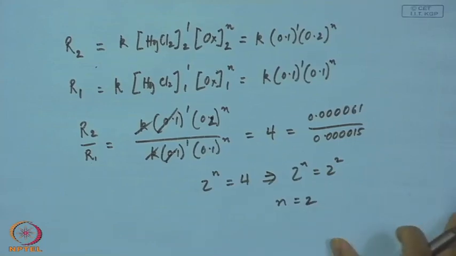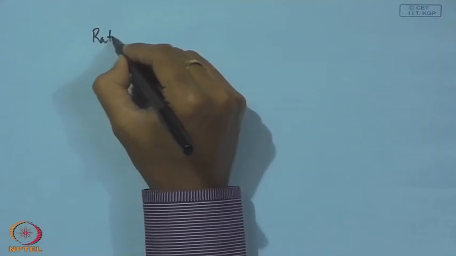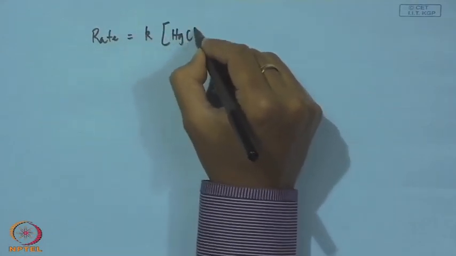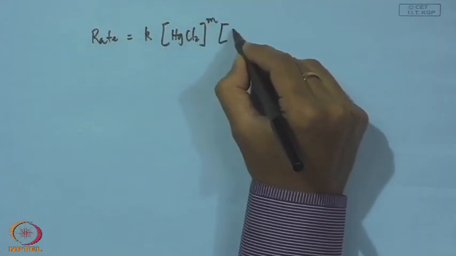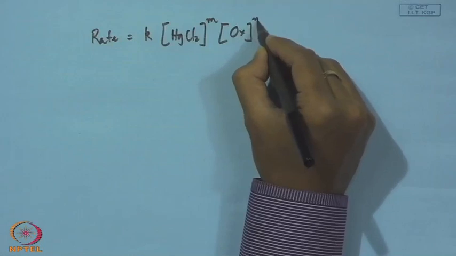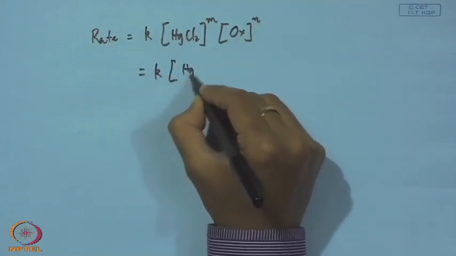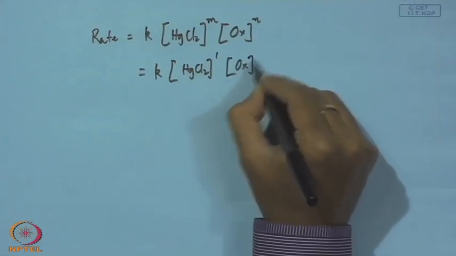So, what we got at the end is very simple and very informative: your reaction rate, which is K into [HgCl2] to the power m and oxalate to the power n, we can write as [HgCl2] to the power 1 and [Ox] to the power 2.